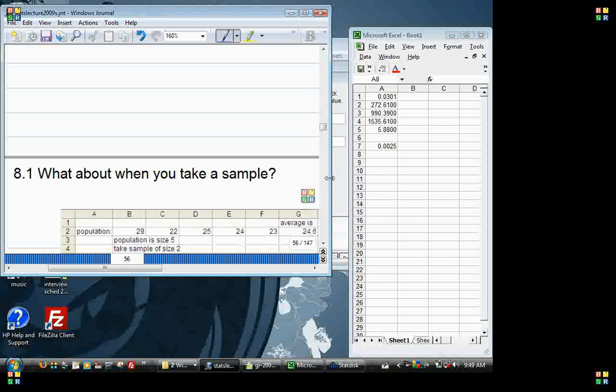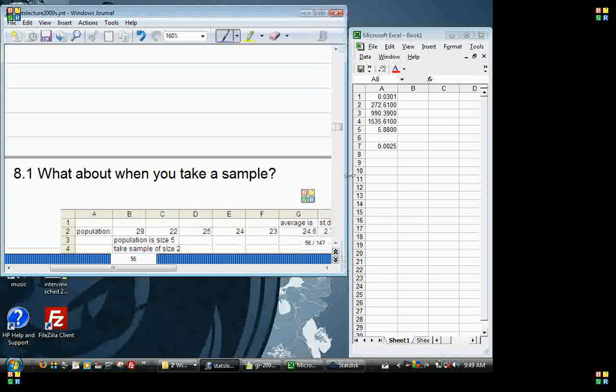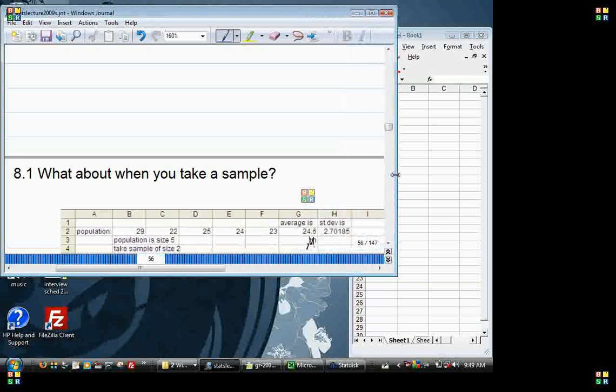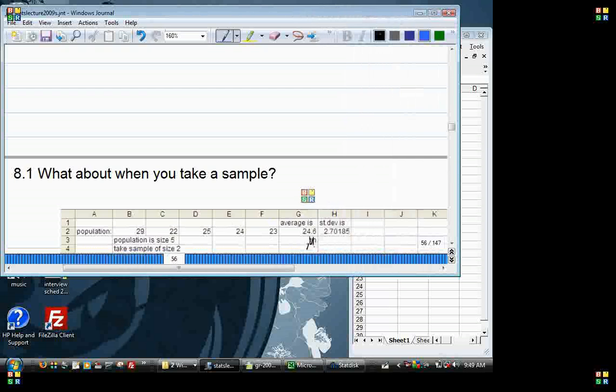So it turns out that if you calculate the standard deviation for this population, you get 2.70185, something. And remember that's sigma.